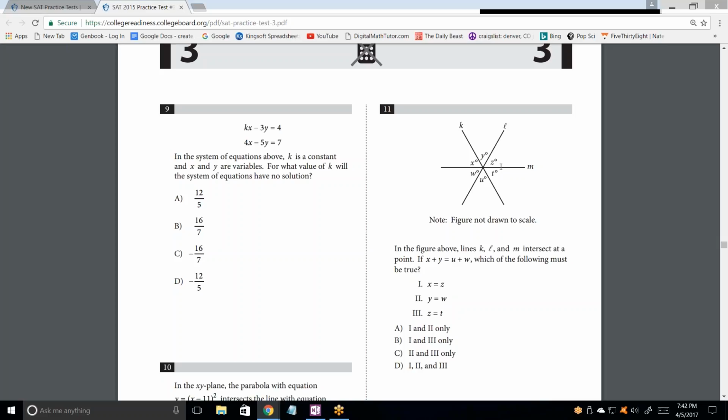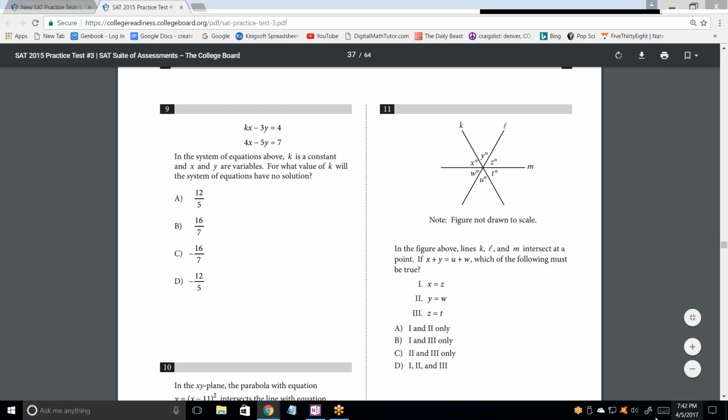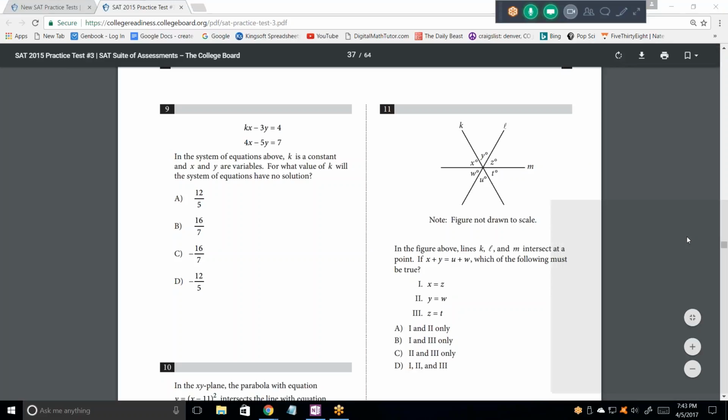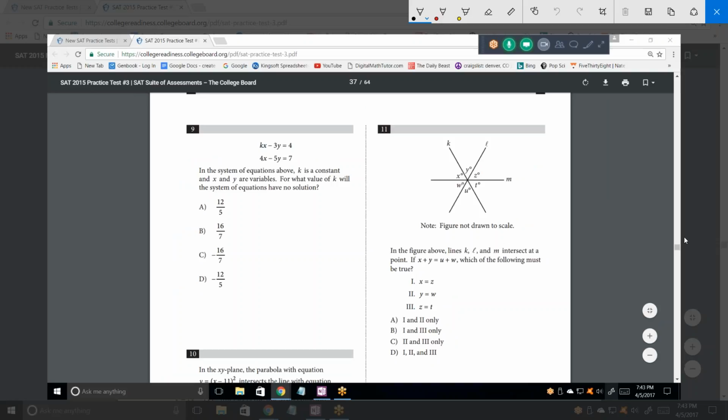In other words, this angle equals u plus w, excuse me, that angle. With me? That's pretty much what the entire premise says.